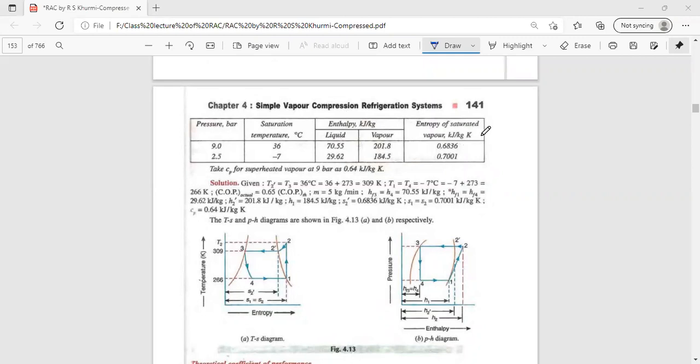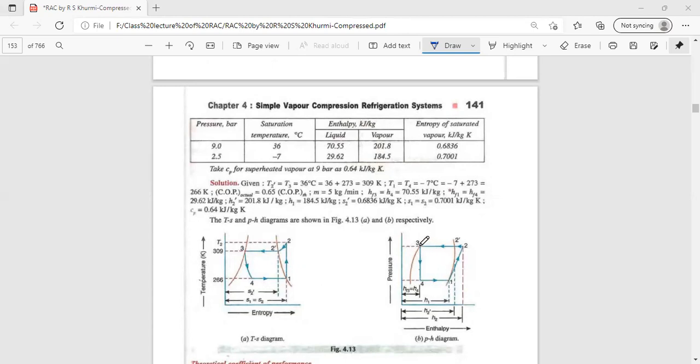So from here we can see HF3, which means here as well as here, is the enthalpy at point 3 on the saturated liquid line, which is operating along the high temperature line. So H3 you have to choose from the high pressure and high temperature line, and as it is liquid enthalpy, it is given as 70.55 kilojoule per kg, like here.